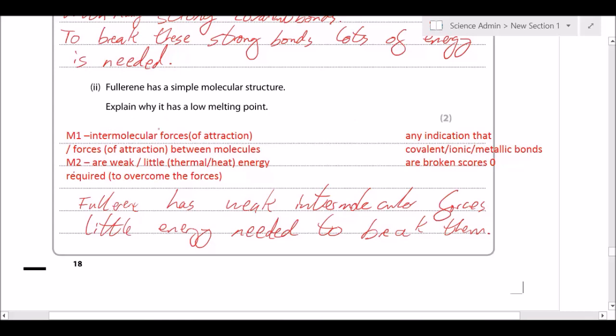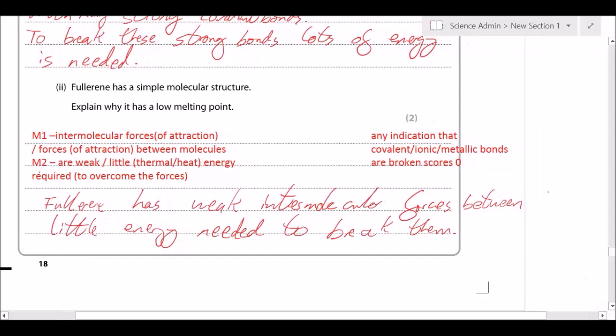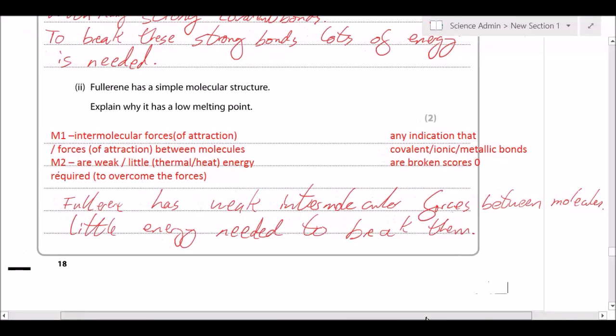Okay, so you're saying intermolecular forces. We should add here between molecules, that is important. So little energy is needed to break them.